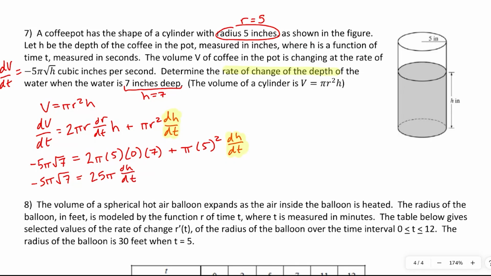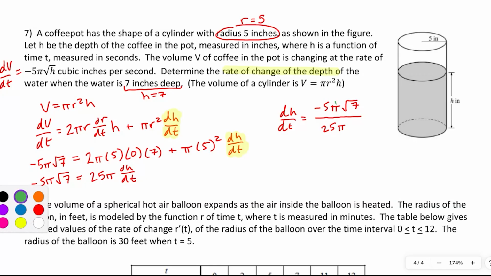And then I just need to divide both sides by 25 pi. So dh/dt will equal negative 5 pi root 7 over 25 pi. That's it. And then you can simplify that a little bit, but that's basically your answer.